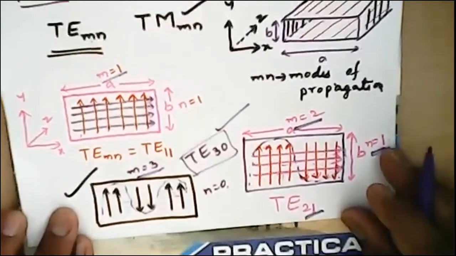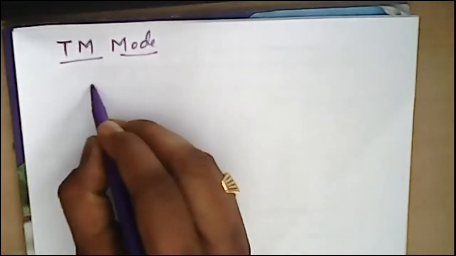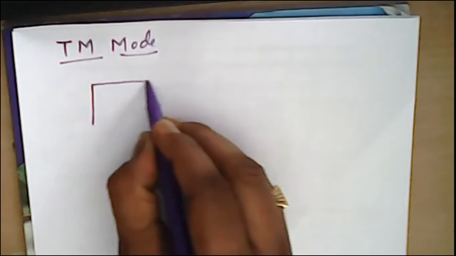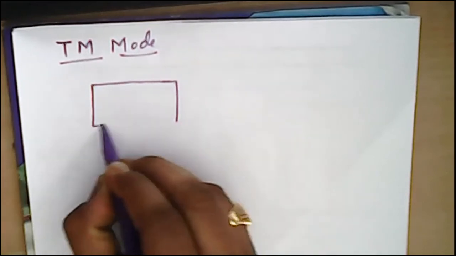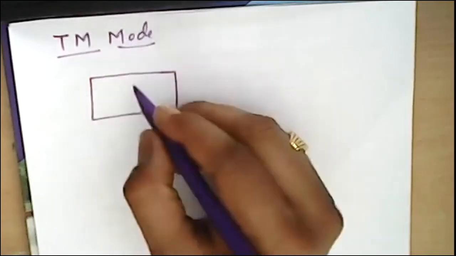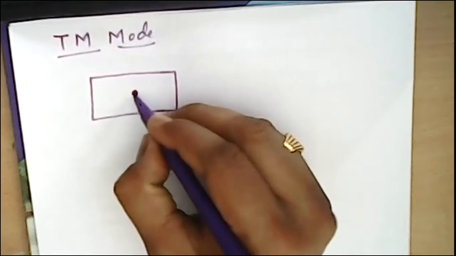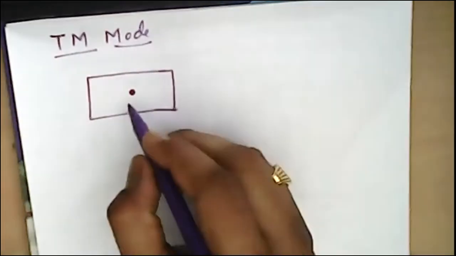Yes, sir. Okay, Andy. Now I'm going to explain the TM mode. In the case of TM mode, it is somewhat different from the previous one. Assume we are seeing the mode of propagation for transverse magnetic. A simple dot is seen over here, where the wave is propagating at the center.